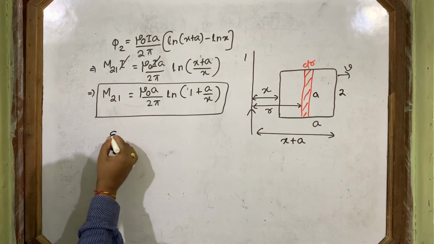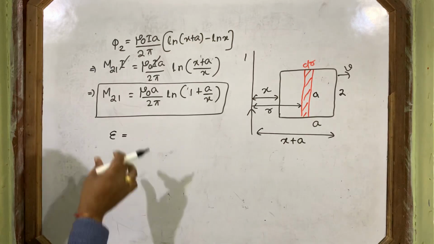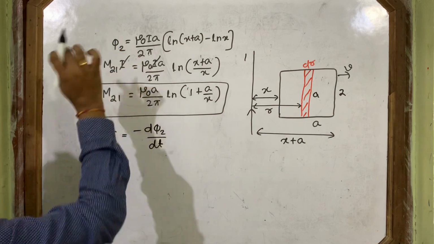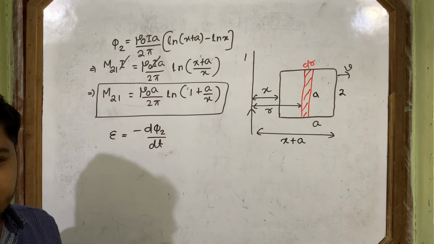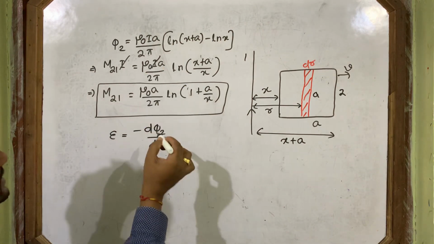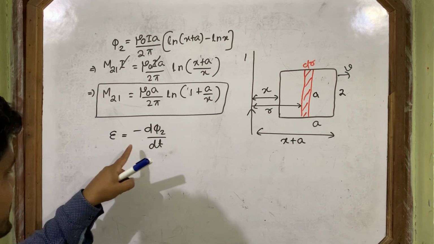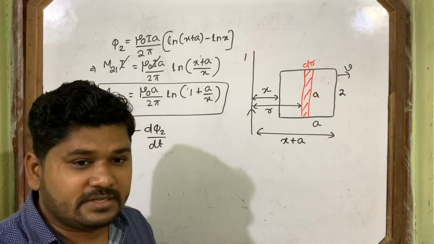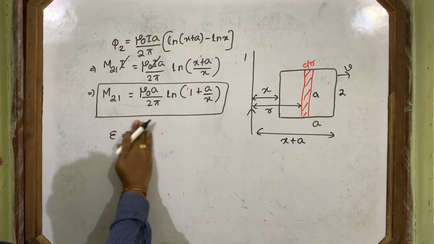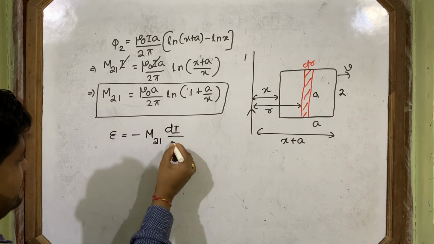You can find the induced EMF simply by differentiating the flux, that is, minus d phi 2 by dt. You can do the differentiation here, or you can write the induced EMF formula as minus M d I 1 by dt.